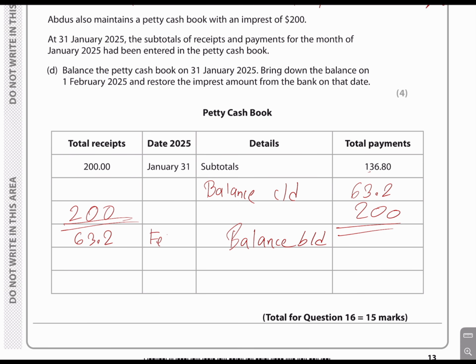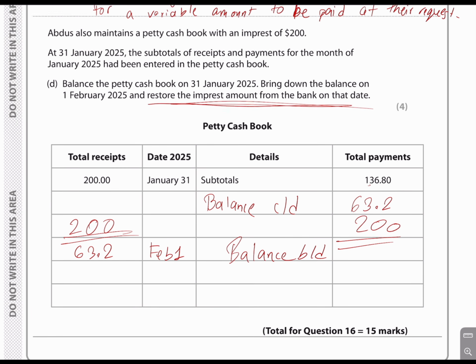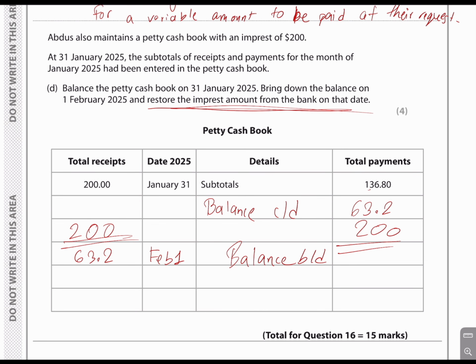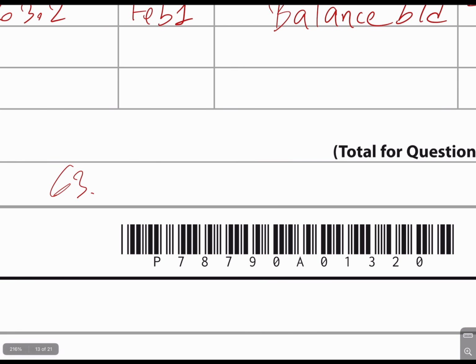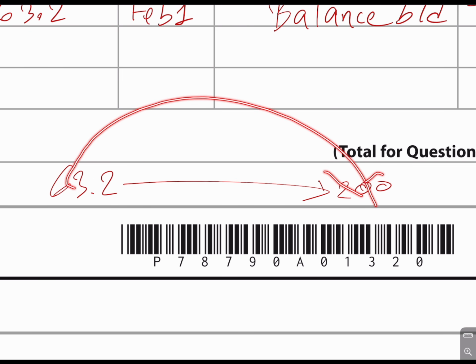That is February 1. Now here we are asked to restore the imprest amount. Now what is the imprest? It means the float money. Float money is 200, right? If I want to restore it, I have 63.2. My imprest is 200. If I want to restore this, it means I want to bring my balance from my current balance to my float balance, my imprest balance.